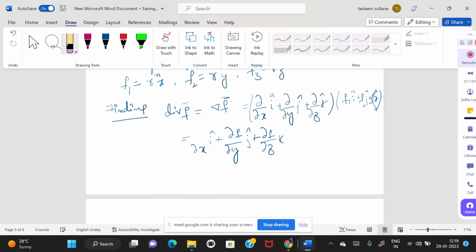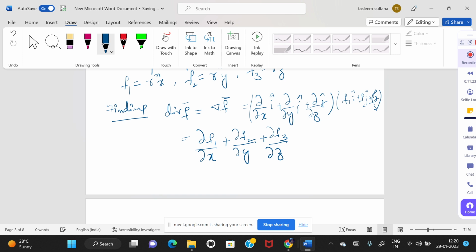Vectors will not be there: i into i, j into j, vector into vector, we will just get the terms: dou F1 by dou x plus dou F2 by dou y plus dou F3 by dou z.